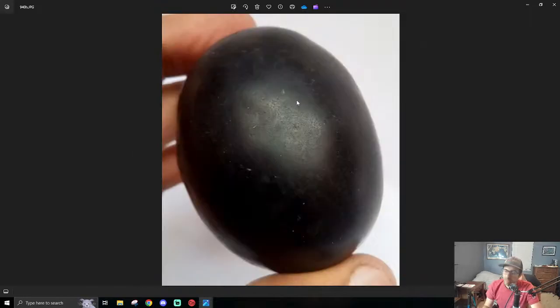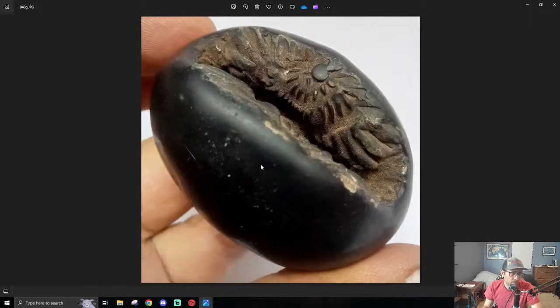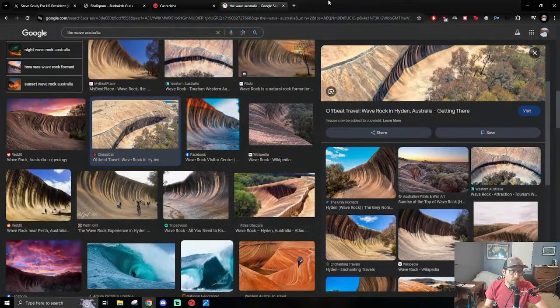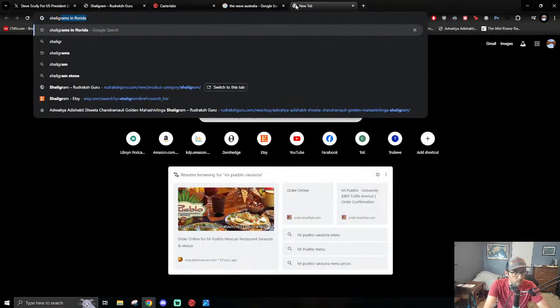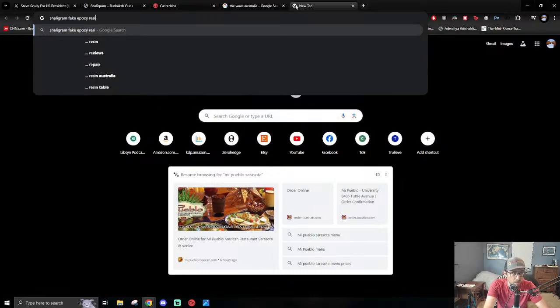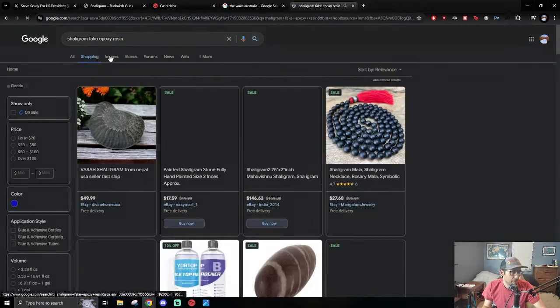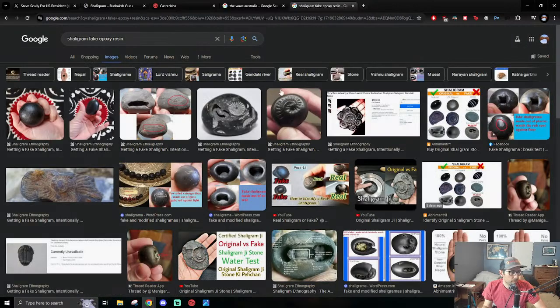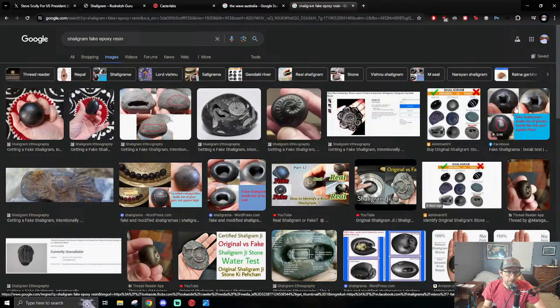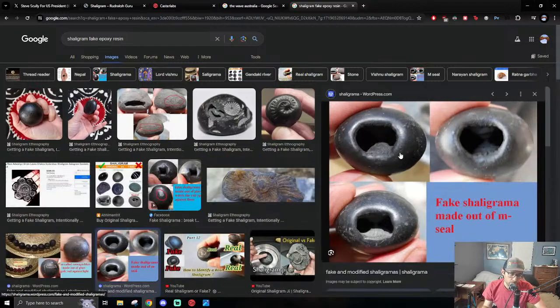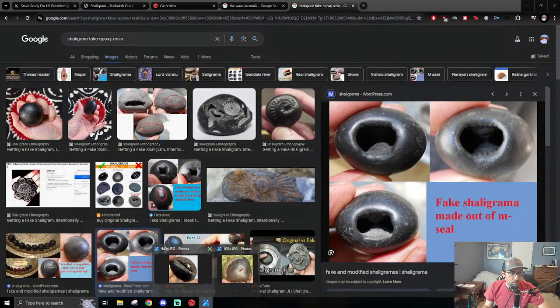And then the stone looks kind of like the epoxy ones, fake shaligram epoxy resin, like this. These are fake. The material of these looks a lot like the material of this one.